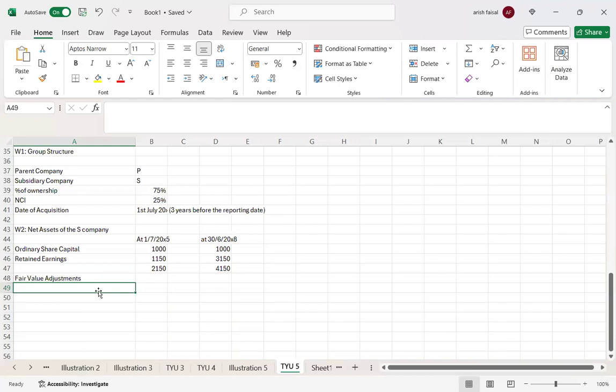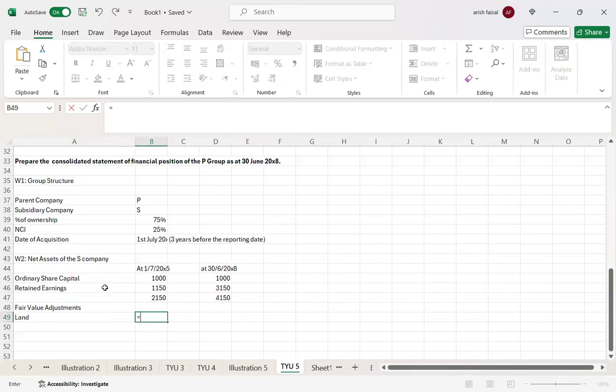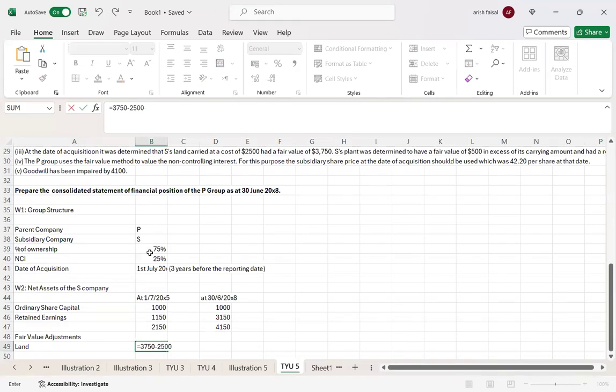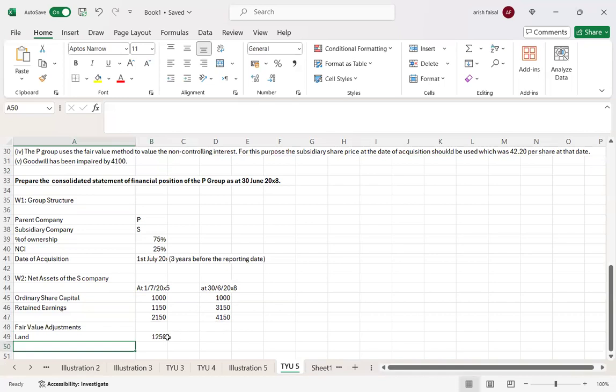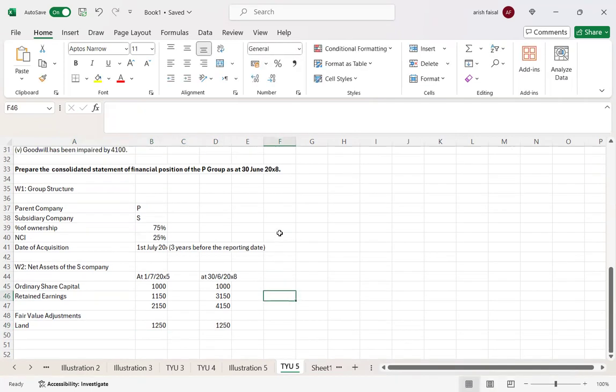So we have two fair value adjustments over here. The first one is land, which is marked up by 1,250, so this is 3,750 minus 2,500. Yes. So this gives you a fair value adjustment of 1,250, which will increase the value of the net assets of the subsidiary at the acquisition date. And likewise, it will also increase the value of the net assets at the reporting date.